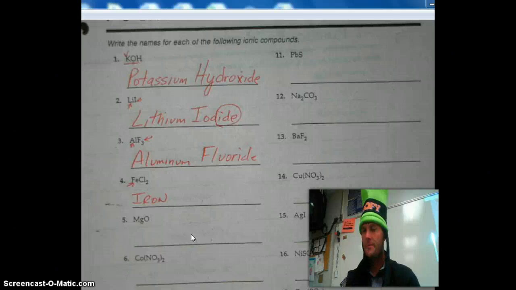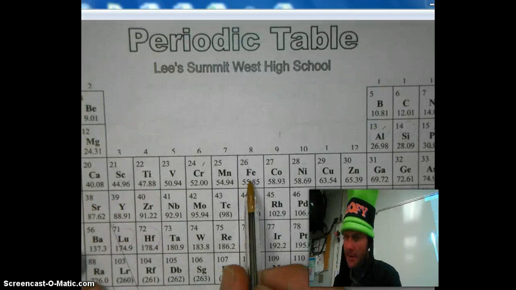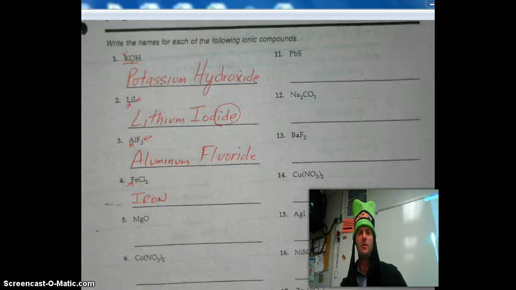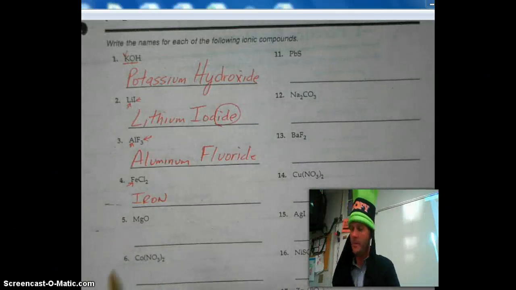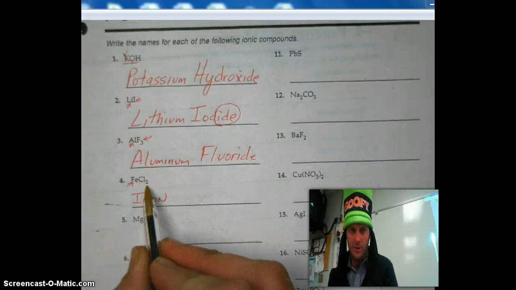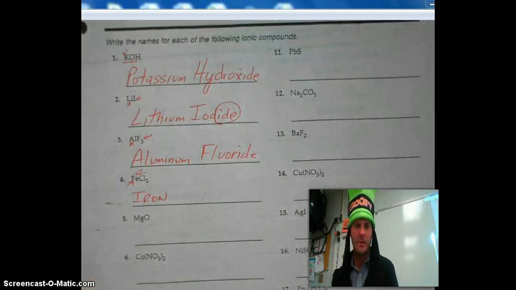Yes, it does. Okay, so if you look on your periodic table, iron is in the D block metals. So they have multiple charges. Now, when we do the crisscross, where did that 2 come from? It actually came from up here as a +2.